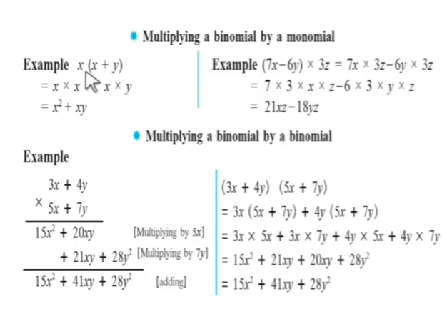So here you will get x multiplied by x as the first term plus x multiplied by y as the second term. That is, you are distributing the monomial outside the bracket over every term of the bracket. Now x into x is x square plus x into y is xy. Hence x multiplied by x plus y is x square plus xy.